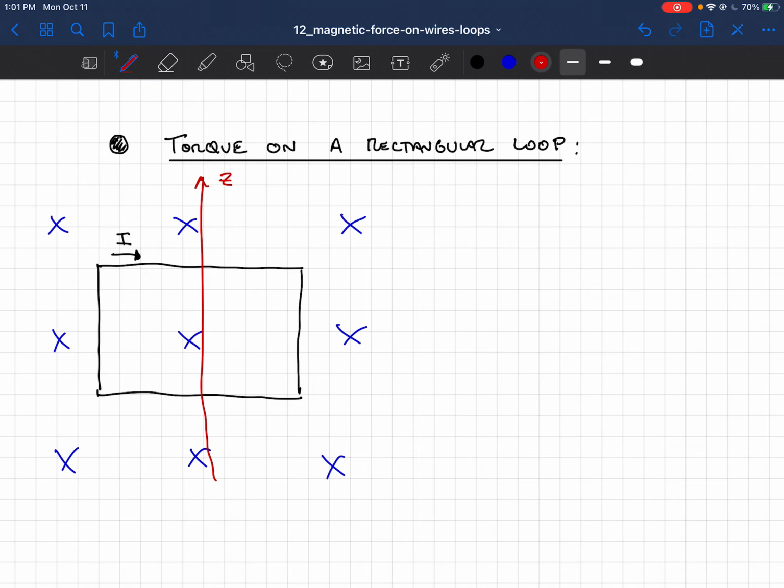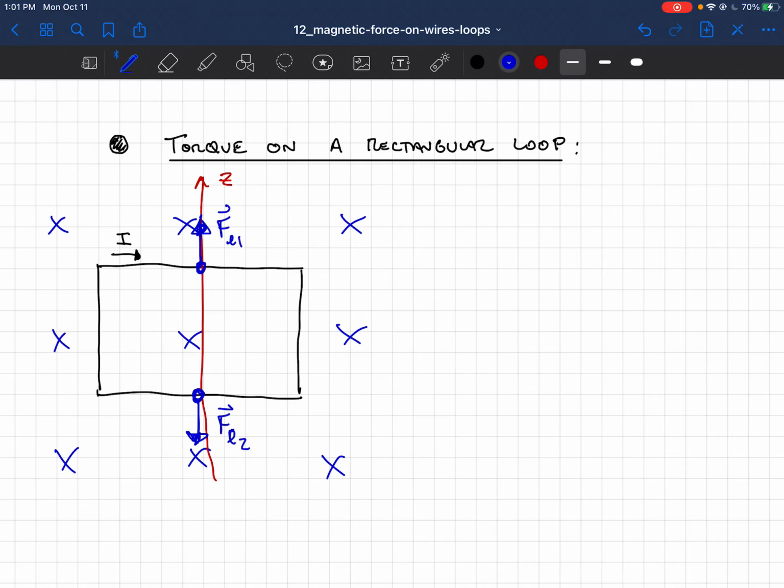Okay, so what do we have? We have 4 forces. We already found them. So we have a force that's acting on the center of the top wire, which we could call the F_L force. We have a force that's acting along the center of the bottom wire, which is also the F_L.